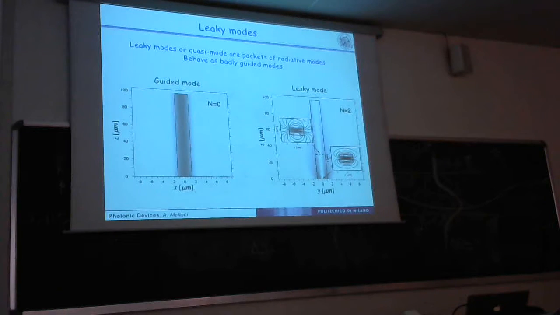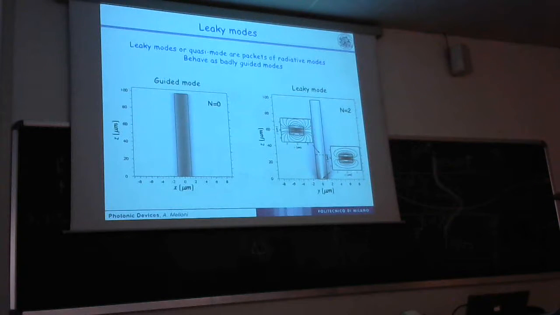So this is the field that we put inside the waveguide, but the waveguide is leaky. So this mode is not guided, so it's radiative. However, if you are close to the cutoff, the mode does not disappear immediately, but you see it propagate a little bit. Well, at this point, it's basically white here. There is no more field.